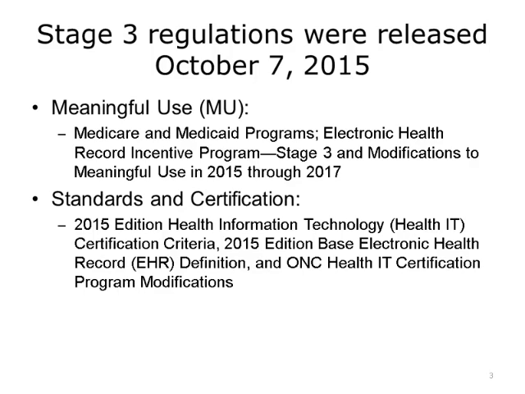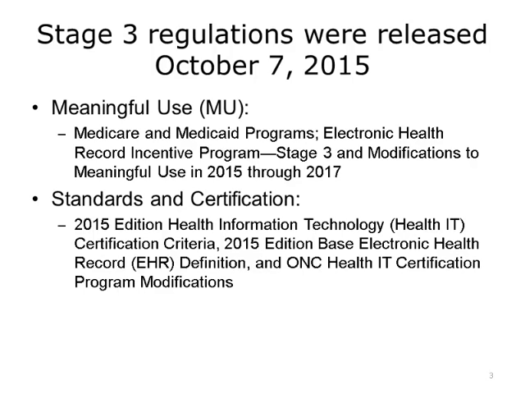The second regulation is the 2015 edition Health Information Technology, Health IT, Certification Criteria, 2015 edition-based Electronic Health Record, EHR definition, and ONC Health IT Certification Program modifications. Note that systems certified based on the requirements in this rule are referred to as ONC 2015 certified.